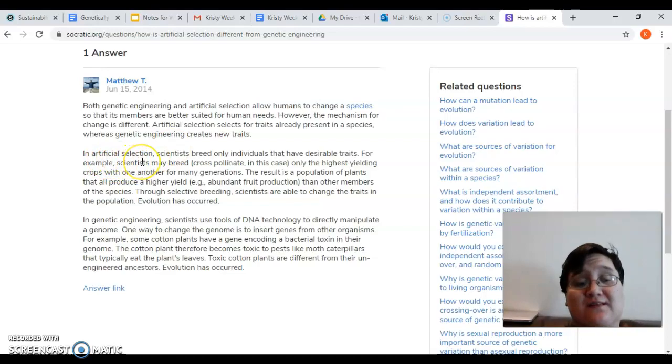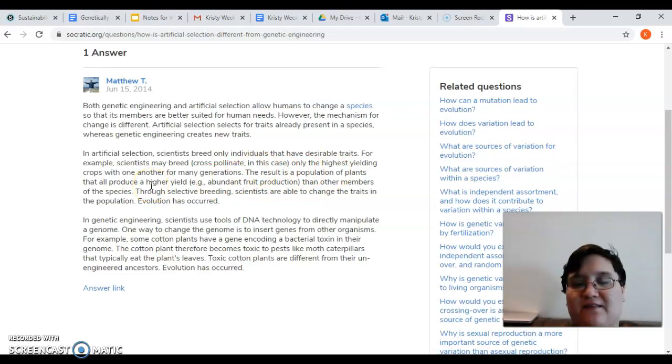In artificial selection, scientists breed individuals that have the desired trait. For example, scientists may breed fruit. We call this cross-pollinate, right? So they're not really having sex, obviously. So scientists may cross-pollinate only the highest yielding crops with one another.